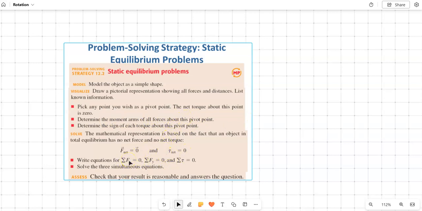We're going to sum the forces in the x direction, sum the forces in the y direction, and sum the torques. Okay. And we want to do all three simultaneously because we could then use some of the equations from the x direction forces and the y direction forces along with the torques to help us solve more complicated problems. Okay.